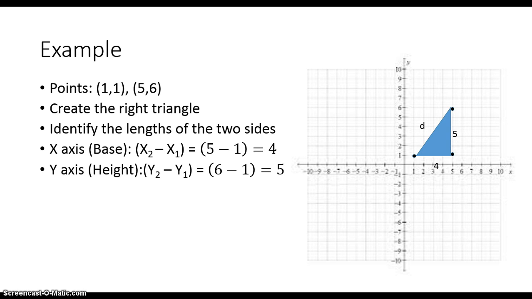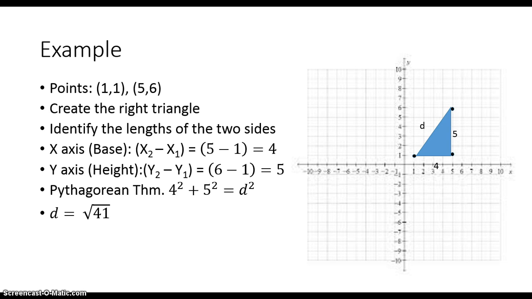So I'm left in question, the distance between my 2 points is now d. By the Pythagorean theorem, I can say that the sides, when squared and then added together, is equal to the square of my third side. With simplification, I have d is equal to the square root of 41.